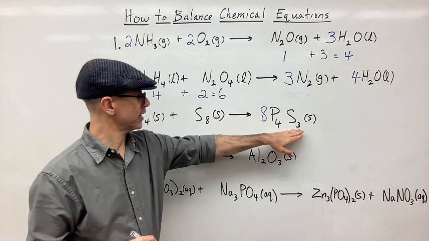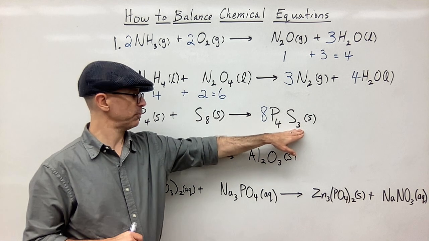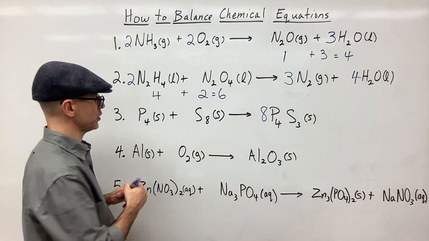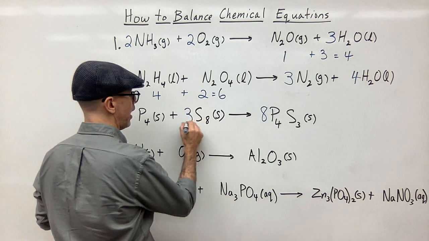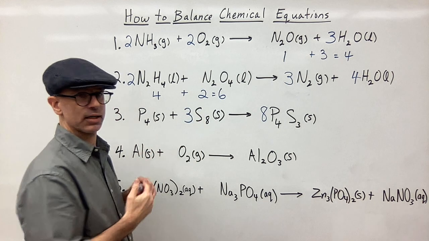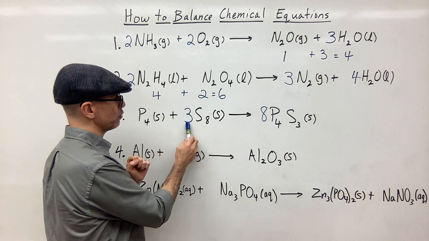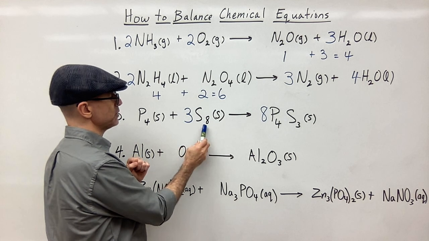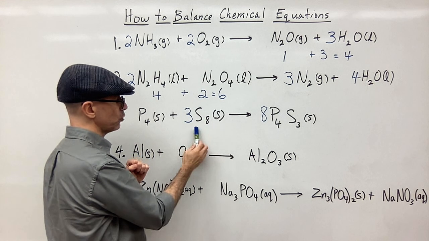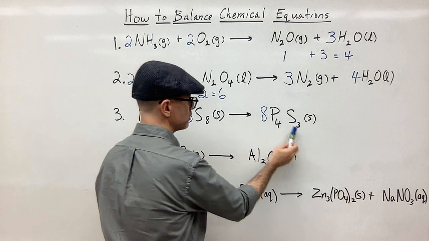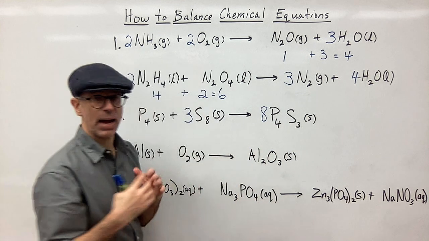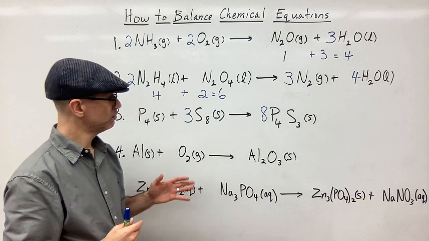And then I can take the subscript of the element here and write that as a coefficient on this side. That way I know I'm balancing this here because in both cases it's going to be 3 times 8. So 3 times 8 gives me 24. That's 24 sulfur on this side. 8 times 3 gives me 24. So I balanced the sulfur.